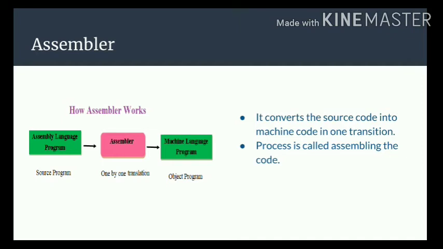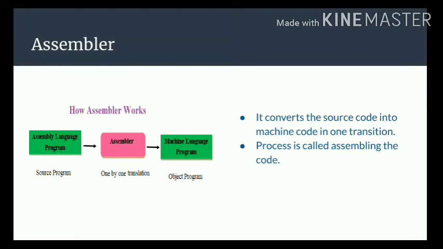The process of converting assembly language into machine language is known as assembling the code, and it converts the source code into machine code in one transition.